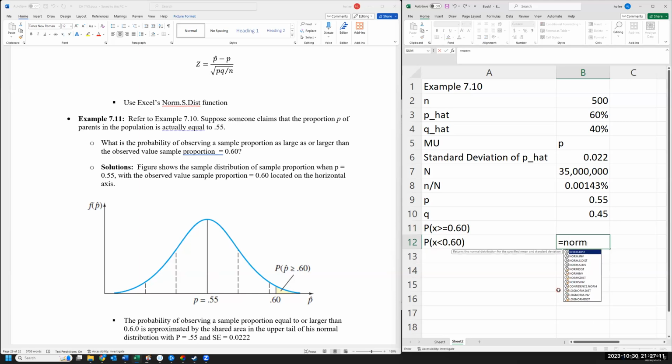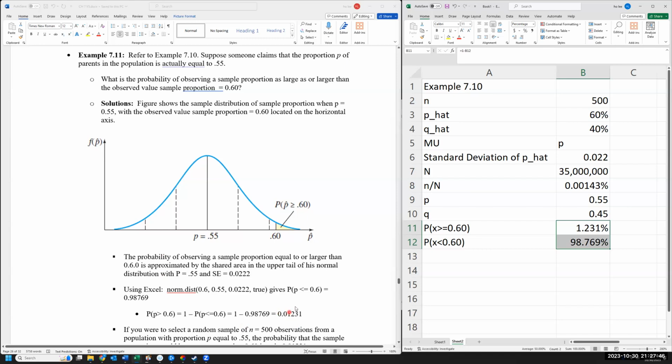So this is norm.dist, and X is 0.60, comma, the mean, the true mean, is 0.55. That's the mean. And the standard error is this that we calculated, and we want to do true. So this is equal to 1 minus this. Okay. So it should be 1.23%. And that's what we calculate.